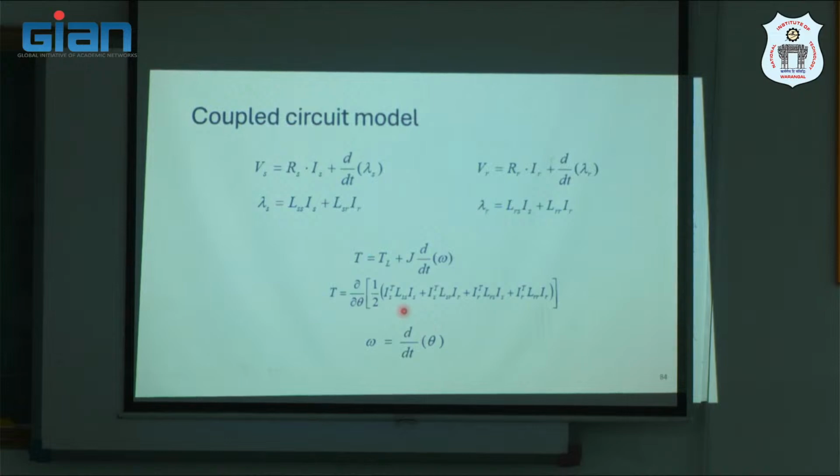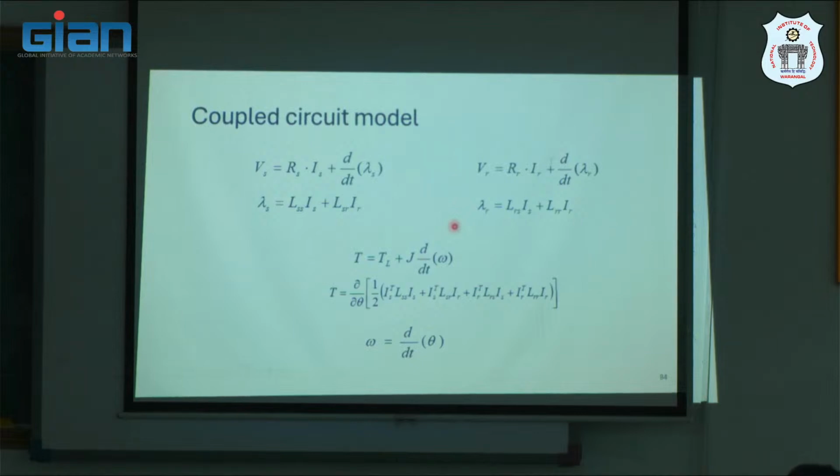Usually half L i square is what we will use, but because this is a matrix, we may have to use appropriate dimensions. That's why we have IS transpose LSS IS plus IR transpose LR IR plus the mutual inductance matrix terms. Okay. So these equations themselves are very standard. Whether you want to model the motor for eccentricity or normal conditions, these are standard equations.